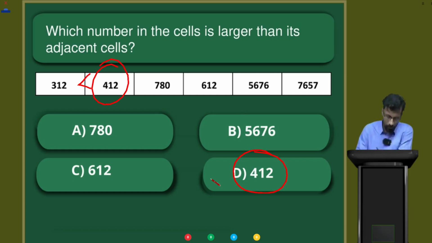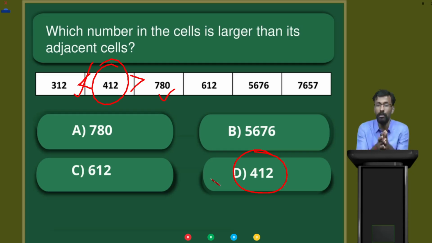Then look at 412. 312 is less than 412, that's fine. 300, 400, so 400 will be greater. That looks nice. In the second case, 780 and 412. Between 700 and 400, which one will be greater?